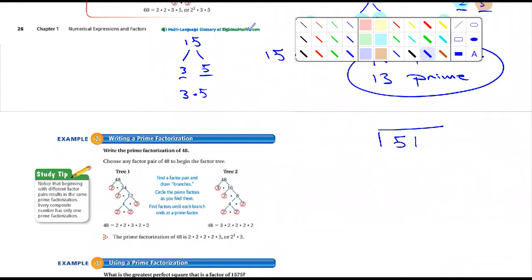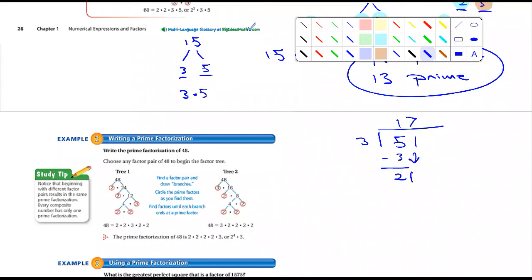Some of these aren't really obvious. Let me divide 51 by 3. Let's take a look at that. How many times does 3 go into 5? Once. What's left over? 2. Now what? 21. 7.